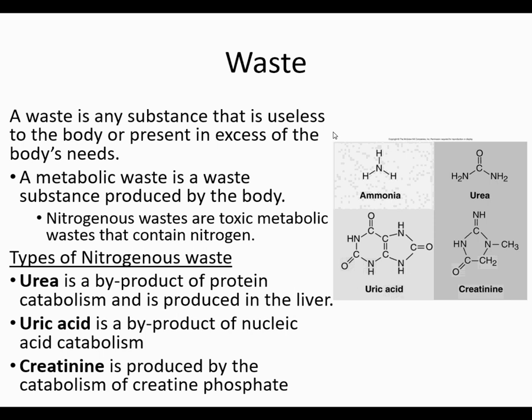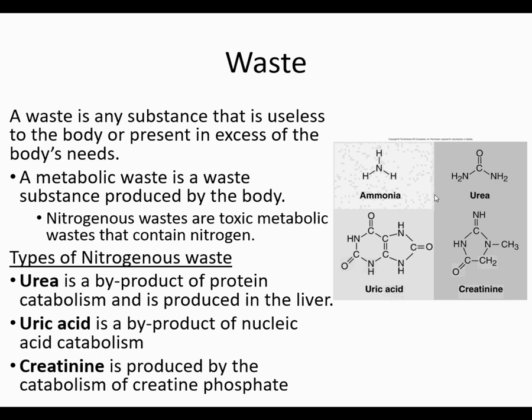Nitrogenous wastes are examples of metabolic wastes that contain nitrogen, and we've got several of them over here on the right. The other day we talked about ammonia and urea. Urea is formed from the catabolism of proteins. Remember the other day we talked about deamination, where we take an amino acid and break it apart, removing the amino group.